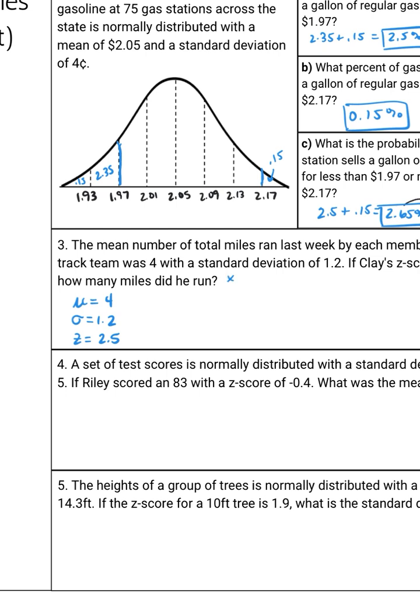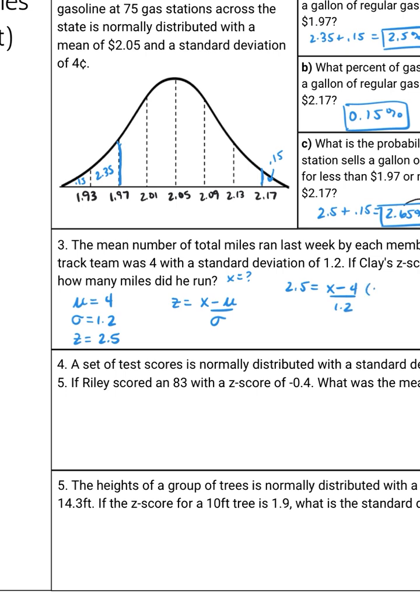That's going to be our x. So we're trying to figure out what x is. So we know that our formula is z equals x minus the mean divided by the standard deviation. So we're just going to plug those numbers in. So we've got 2.5 equals x minus 4 over 1.2.